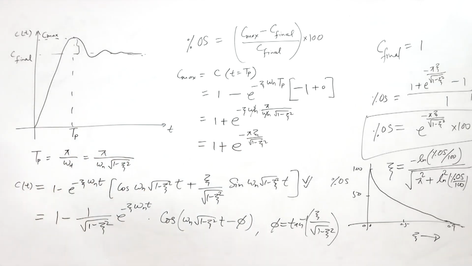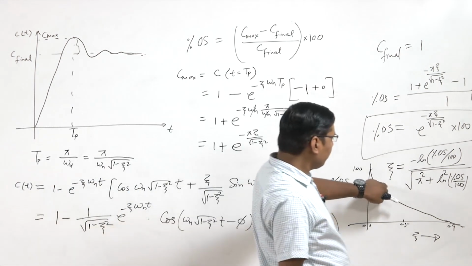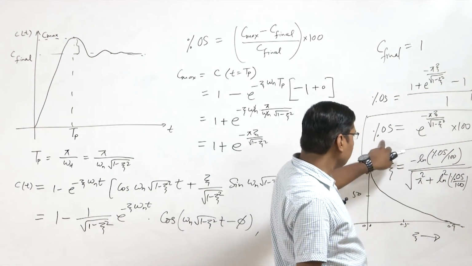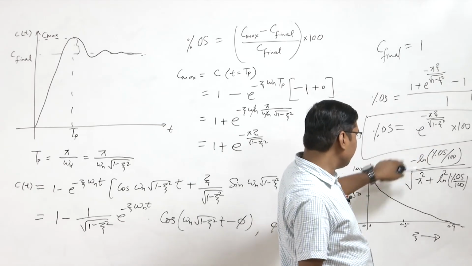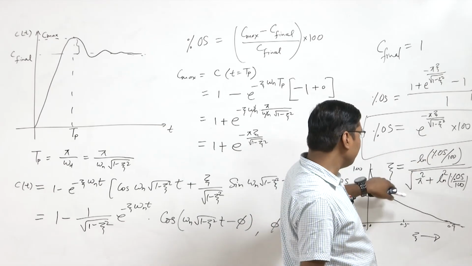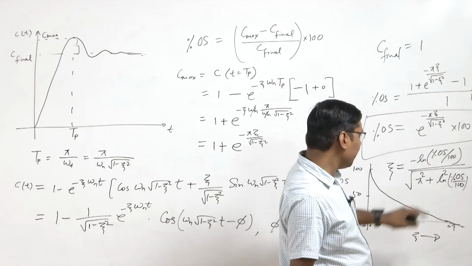So we can also express damping in terms of percent overshoot. So we take the natural log and we solve this to find the damping, and we will get this value.